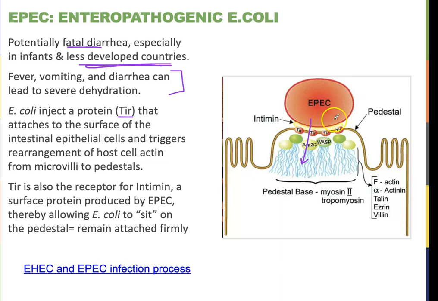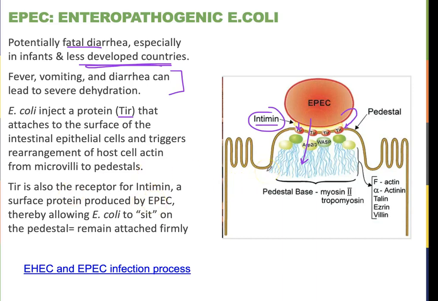This is what E. coli attaches to, so it's basically a receptor for E. coli. On the surface of the E. coli we have intimin, which attaches to this molecule. So basically, EPEC injects its own receptor that attaches to the surface protein intimin on EPEC, and that way we have really tight binding and the bacterium is not going anywhere.